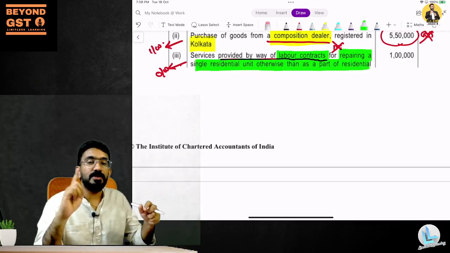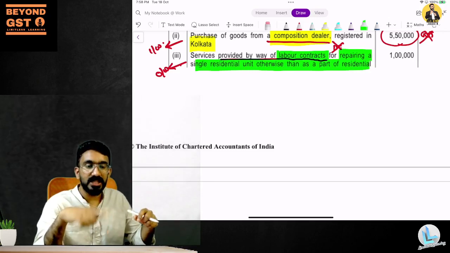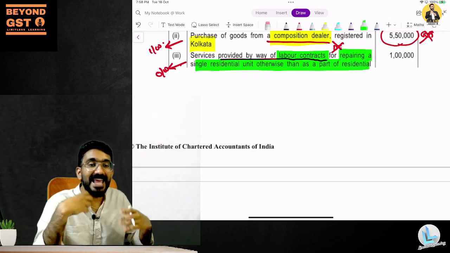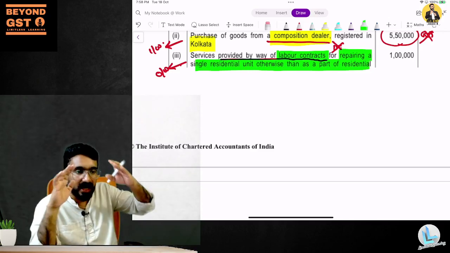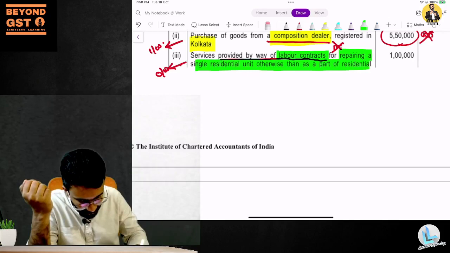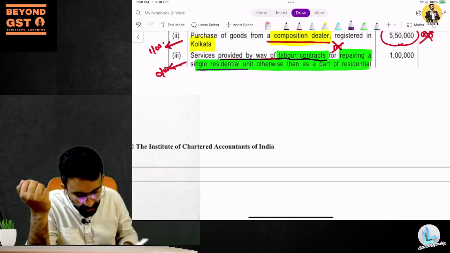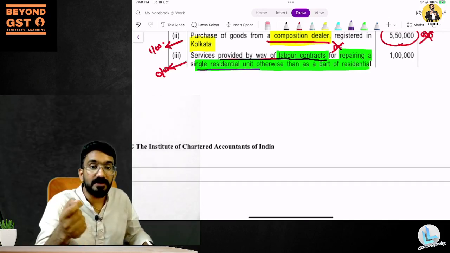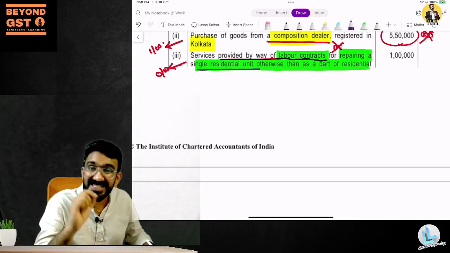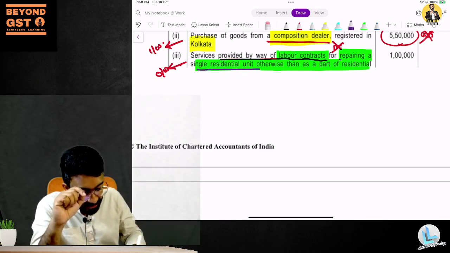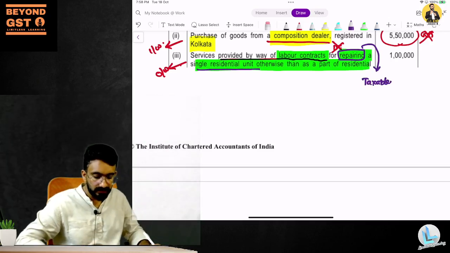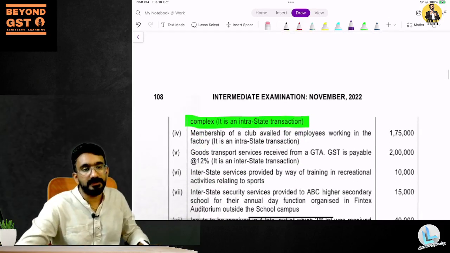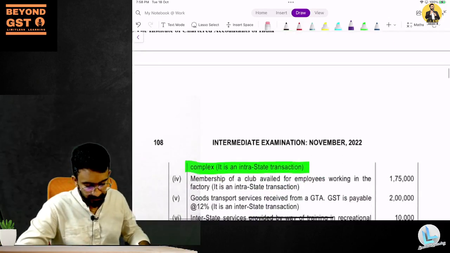Labor contract for repairing a residential unit, otherwise than as part of a residential complex, is it exempted or taxable? Single residential unit. I wanted to construct a house, a single residential unit. If I give a labor contract for construction of the same, it is exempt, but repairing is not exempt. This will become taxable. That is the understanding that you need to have. Okay, so this is taxable.